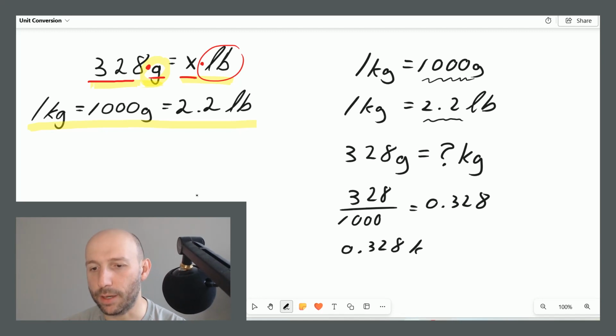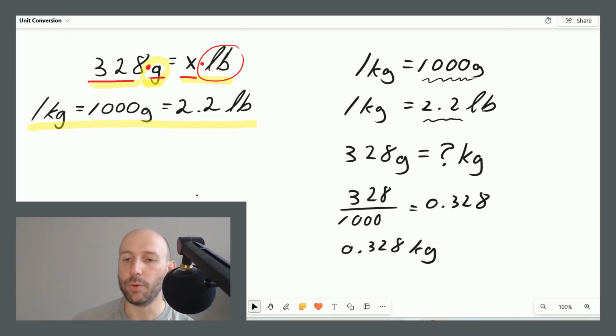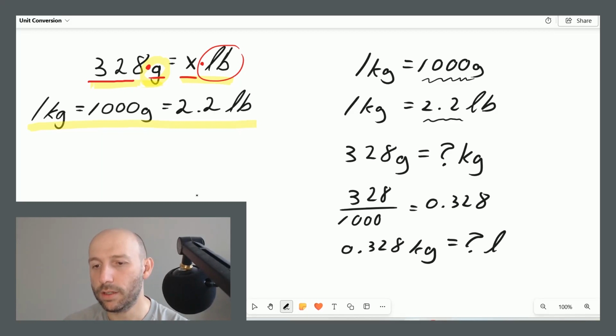So that is going to be 0.328 kilograms. Okay, now we want to go from kilograms to pounds. Well, should we expect a number that's bigger or smaller? Well, we should expect a number that's bigger because pounds are smaller than kilograms, so we're going to need more of those pounds to cover the same mass.